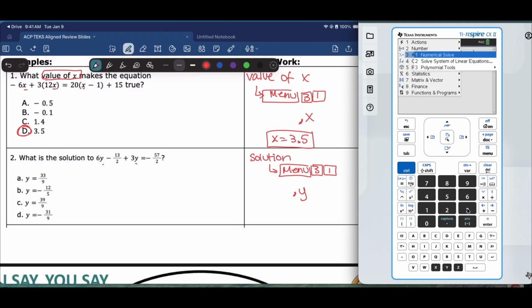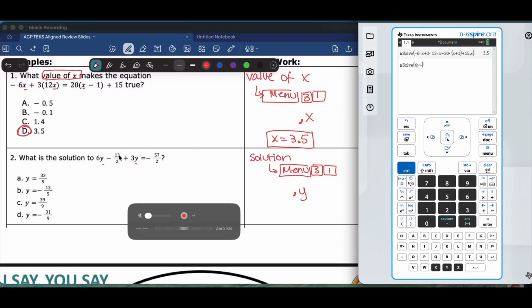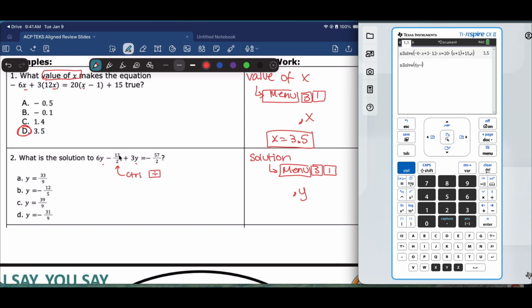So menu 3, 1, 6y minus, to get this fraction right here, we're going to do control divide. So control divide 13, go to the bottom, 2 plus 3y equals negative, control divide again, 57, go to the bottom, 2.